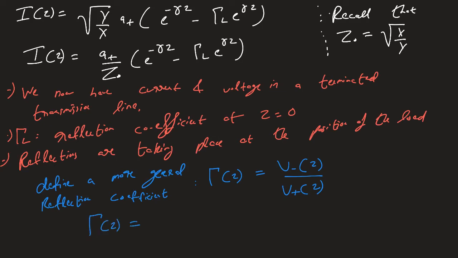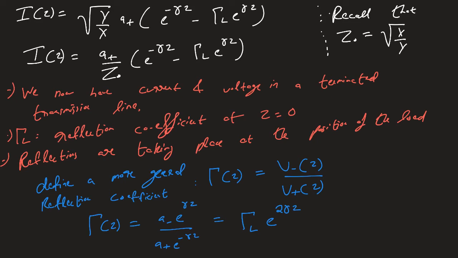This becomes equal to a minus e to the gamma z over a plus e to the minus gamma z. Now we know that a minus over a plus is just equal to capital gamma L, which is the reflection at the load, times e to the 2 gamma z.